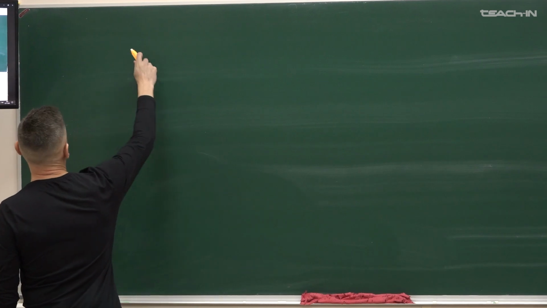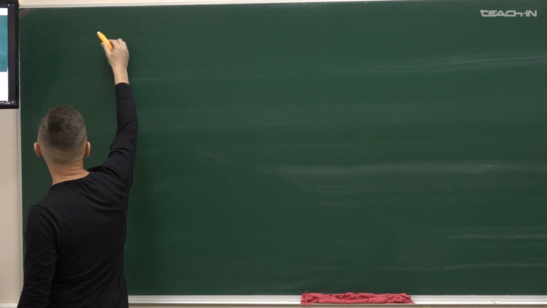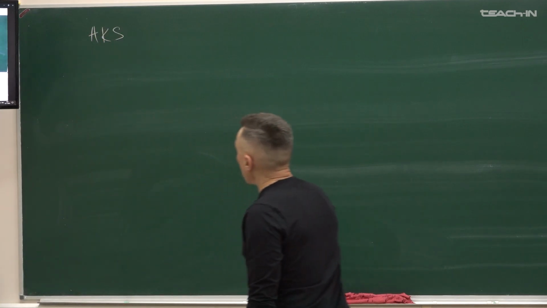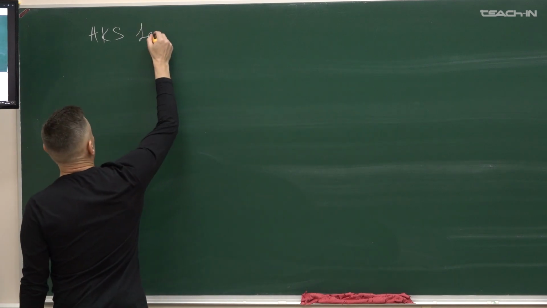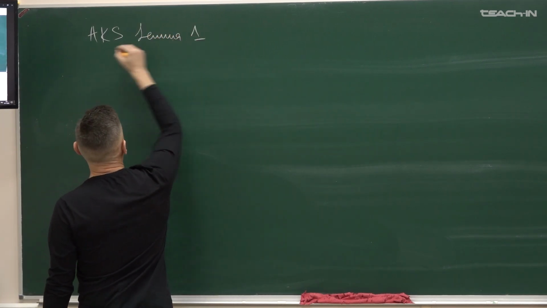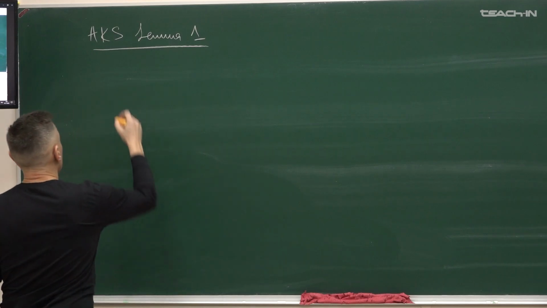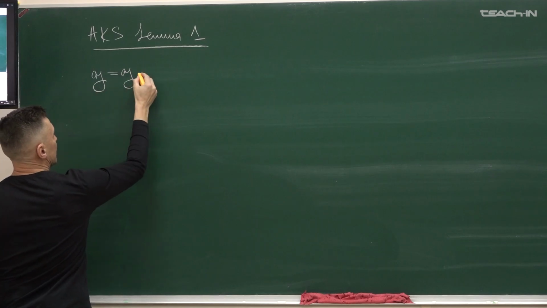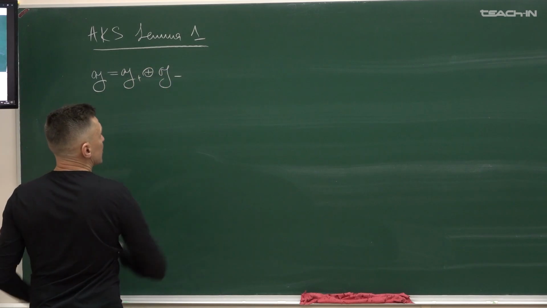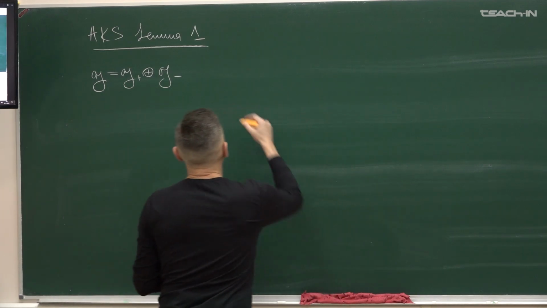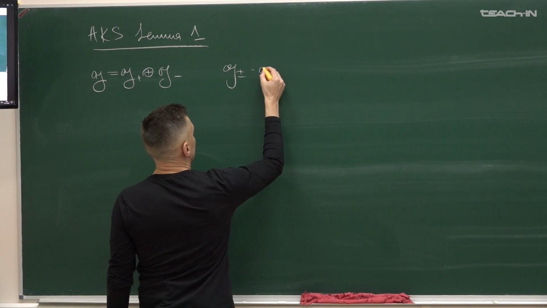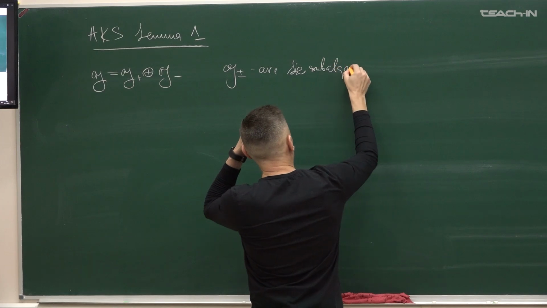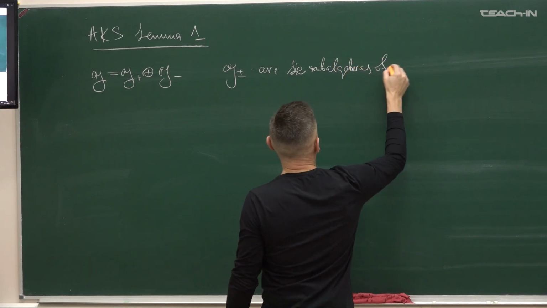I recall the last statement of the last lecture, which was the Adler-Kostant-Symes lemma 1. So we are in the context where some Lie algebra G can be represented as the direct sum of two of its Lie subalgebras, G plus and G minus.